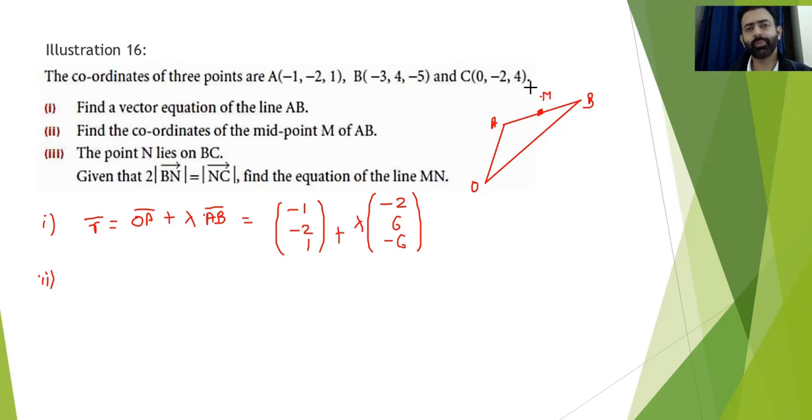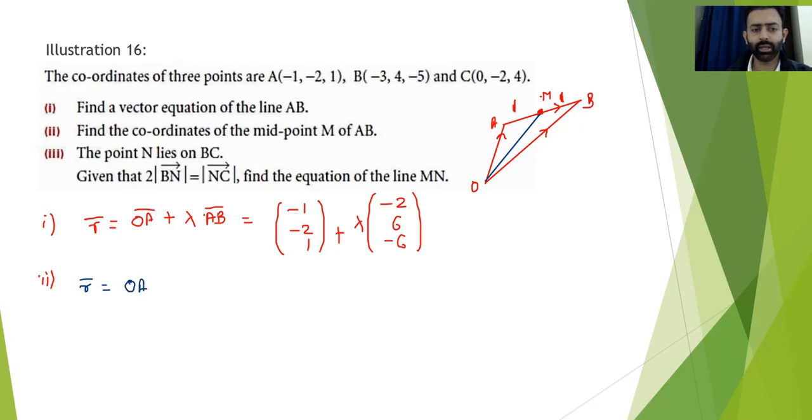So if M is the midpoint of AB, that means this is 1 and this is 1. Right? That means whole vector AB is divided into 2 equal parts. So I have to find out the position vector of M.